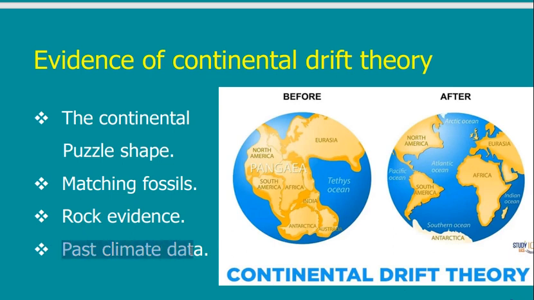The last thing is past climate data. He gathered some information related to climate, and he was able to prove that the climate at this location was the same as the climate at this location, and they both do not fit in the current location.